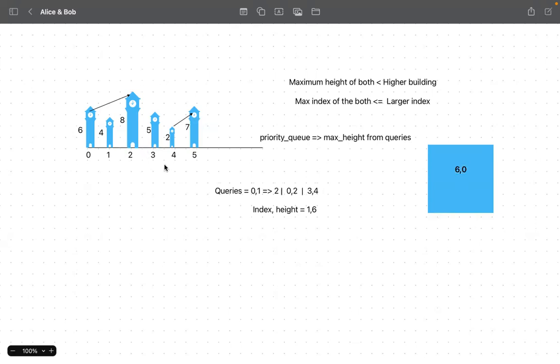And then I come to the third index. Let's see one more thing to do. We see that this building has served one query, this is 0 1. Again, one more thing to do at this index is to push a query as well, because I can see one query which has index equal to 2. So this will be pushed into the priority queue again.